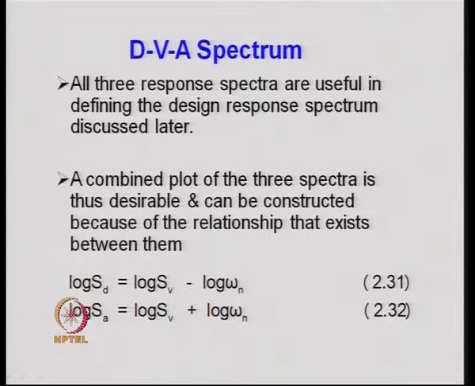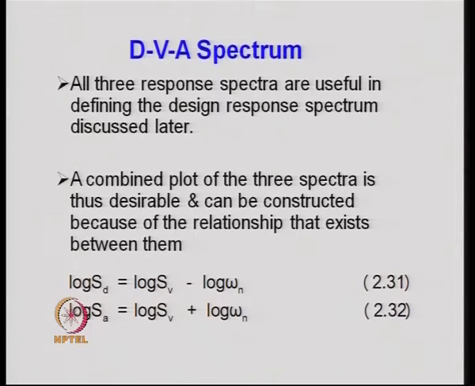Now, we come to what is known as the DVA spectrum, or the combined displacement, velocity, acceleration spectrums. Mind you, displacement response spectrum denotes the maximum displacement, but the velocity and acceleration spectrum are actually the pseudo velocity and pseudo acceleration spectrum. They do not represent the maximum value of those quantities.